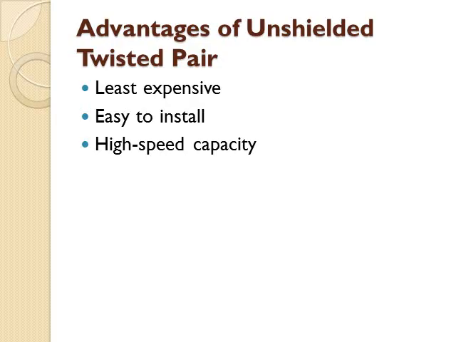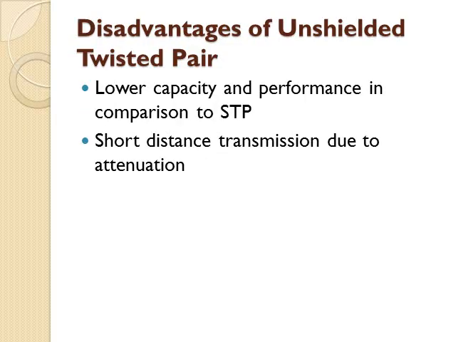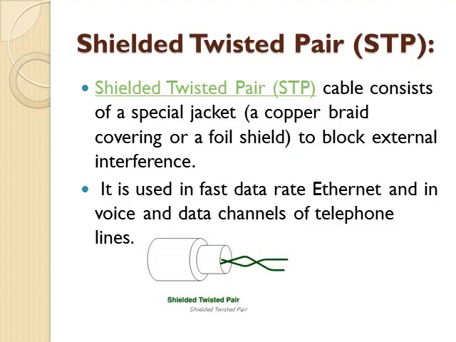Advantages of unshielded twisted pair are that it is least expensive, easy to install and has high speed capacity. Disadvantages include lower capacity and performance in comparison to shielded twisted pair, and short distance transmission due to attenuation.